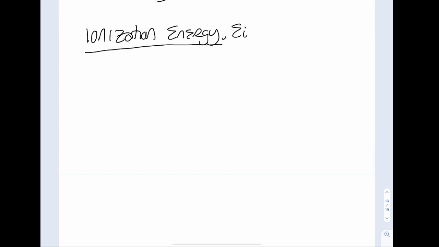So ionization energy next. Our abbreviation for ionization energy is a capital E with a subscript lowercase i. And ionization energy is defined as the amount of energy needed to remove an outer shell electron from our atom.